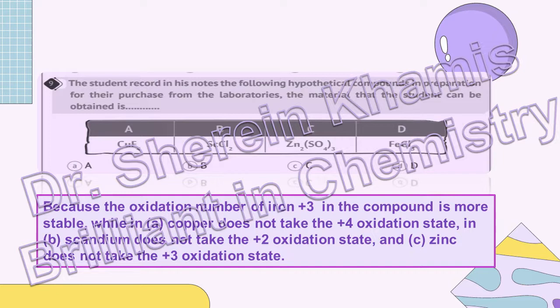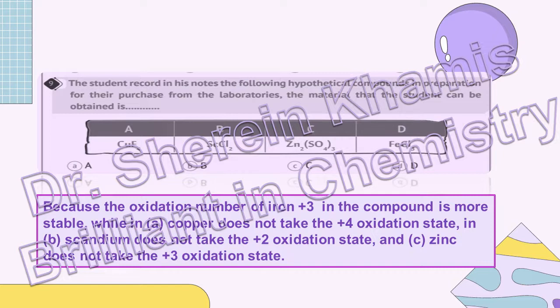While if we discuss letter A here, we have copper, and it doesn't take this oxidation state. It will have the oxidation state plus 4. There is no oxidation state that we take here. We take plus 3. Okay, so it's a wrong answer. In B, scandium doesn't take the plus 2 oxidation state.